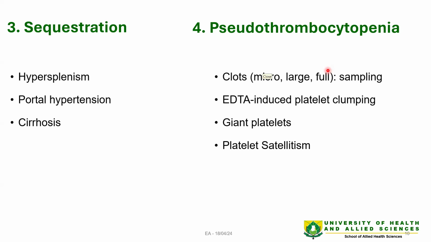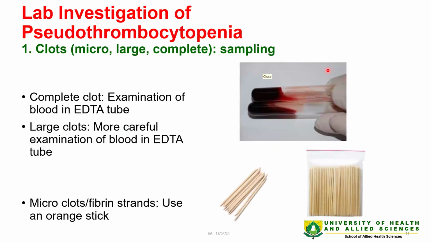And then the last one is platelet satellitism, which is also an artificial phenomenon, as in it is not something actually occurring in the patient, but it is happening within the test tube in which the sample has been collected.